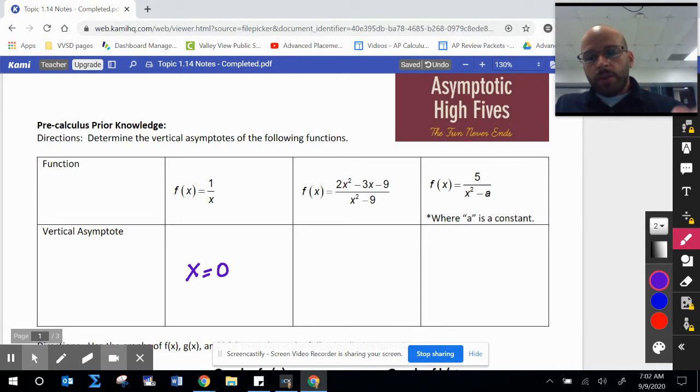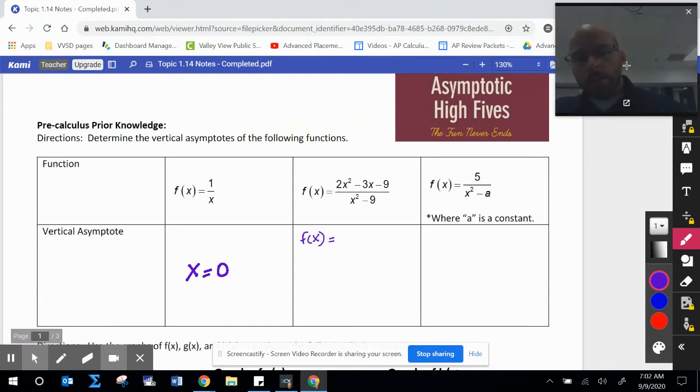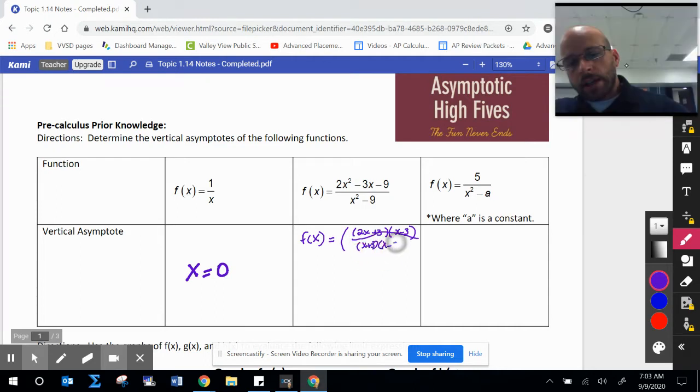Okay. Furthermore, if you take a look at number 2, if you were to factor number 2, it's going to be an x minus 3 and a 2x plus 3 all over x plus 3, x minus 3. The x minus 3's cancel.